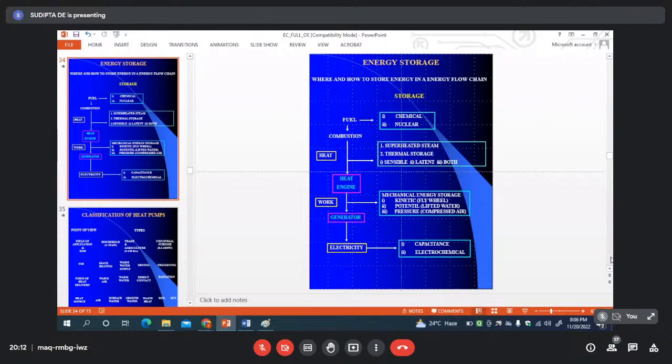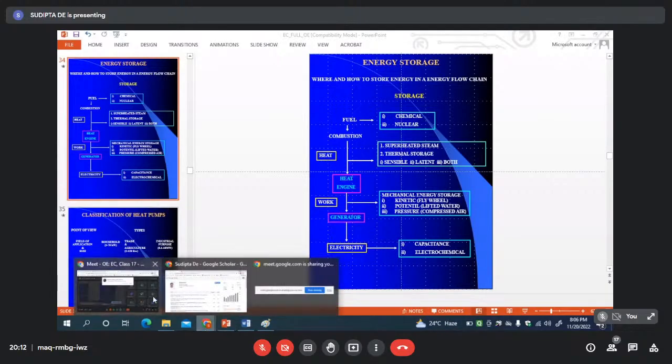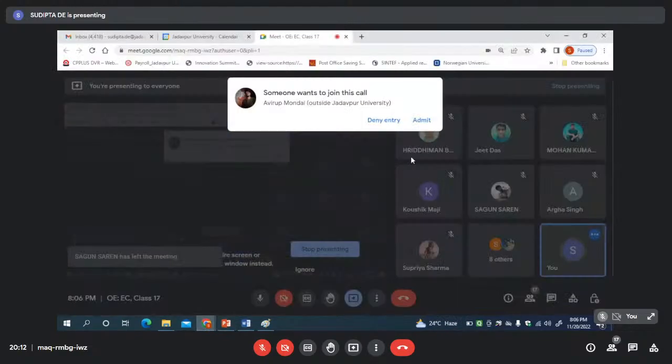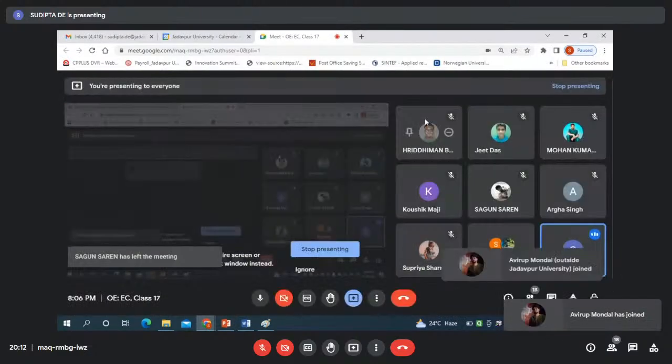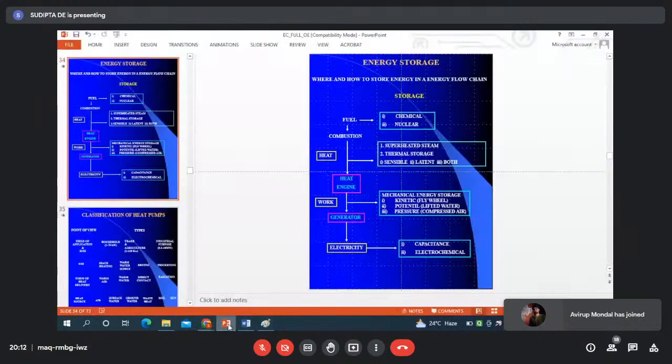With this, I think it is difficult to give more exposure to energy storage at this moment, because each of these technologies involves a scientific and technological process. When you are talking about heat storage, a lot of options are there: sensible heat storage, latent heat storage, and combinations.